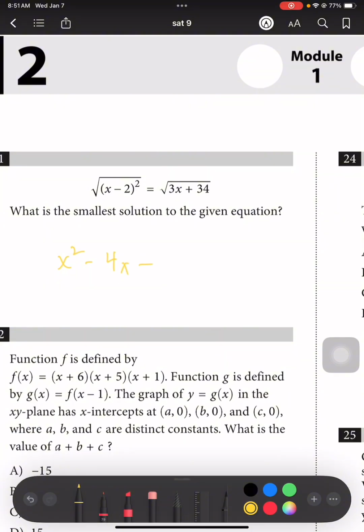I don't know what to do with this, really, yet. If these squares are equal, then the stuff inside should be equal. That's x squared minus 7x minus 30. I just subtract it from both sides. In effect, that's moving them to that side, leaving this side 0.